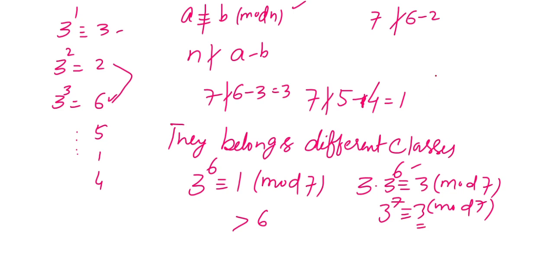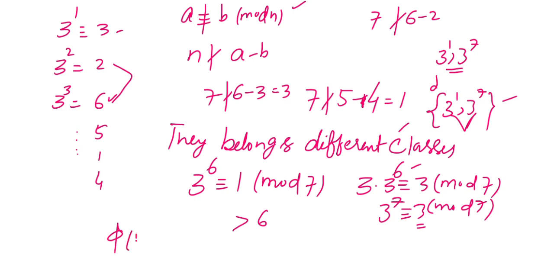So can you write 3 raised to power 1 and 3 raised to power 7 in the same set? No, because they have the same answer and repetition is not allowed in a set. So 3 raised to power 1 and 3 raised to power 7 belong to the same congruence class. When you say they belong to different classes, it means they are incongruent. If in your set there are phi of n numbers and all of them are incongruent, it means they are all different.